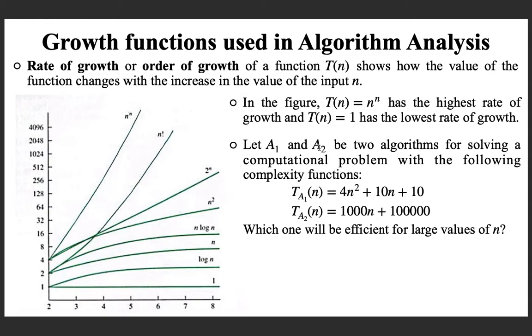Let A1 and A2 be two algorithms for solving a computational problem. That is, we have a computational problem and somebody is giving us two algorithms A1 and A2 for solving the same problem. And suppose that the time complexity of A1 is this function and the time complexity of A2 is this function.